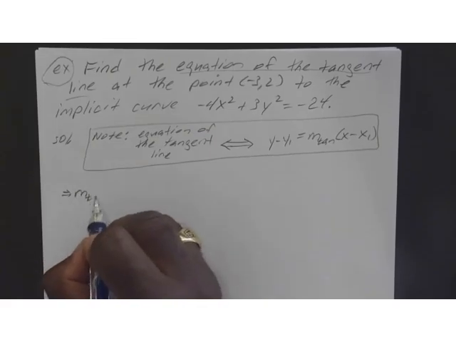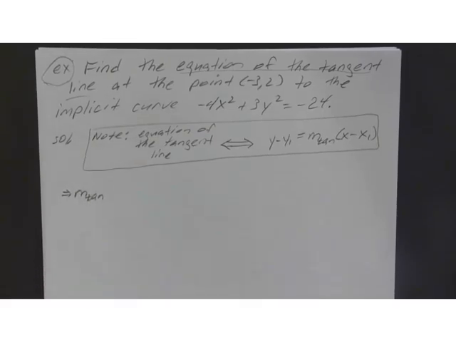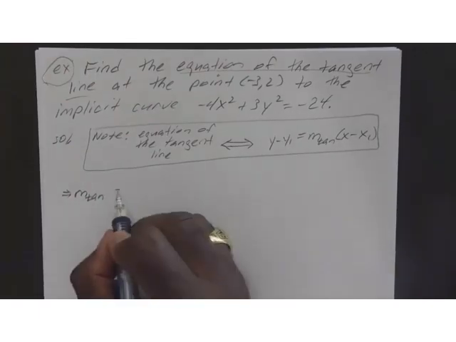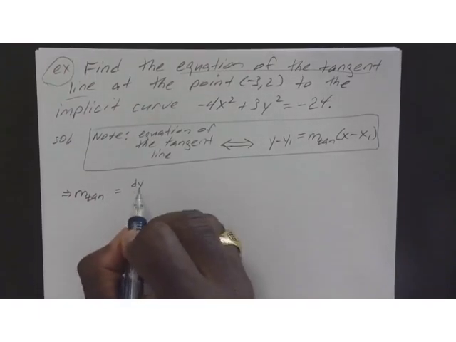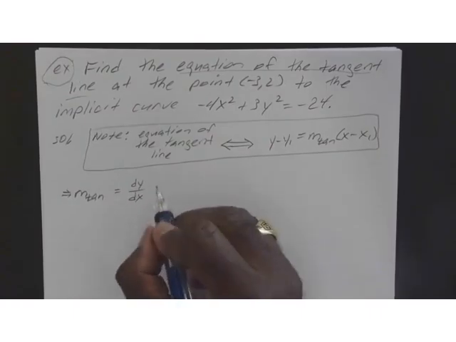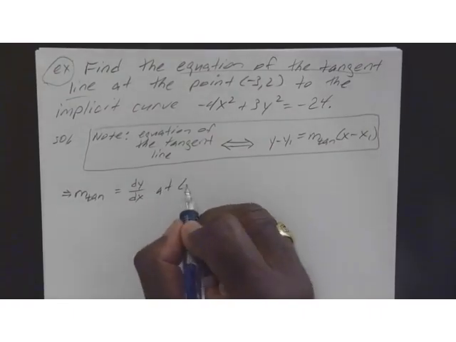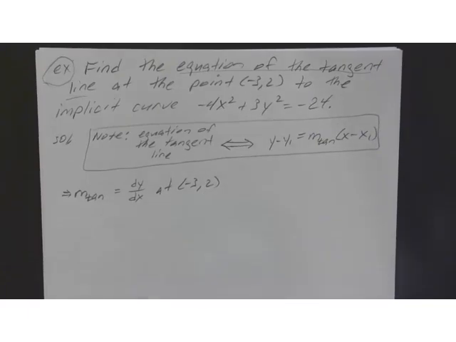Now the slope of the tangent line is just the first derivative. And in this case, that first derivative is dy dx at the point -3, 2.